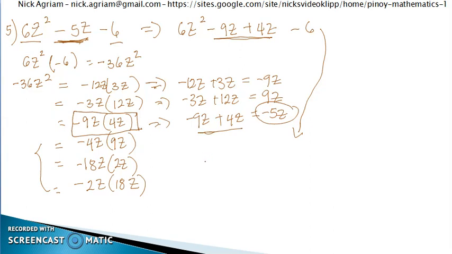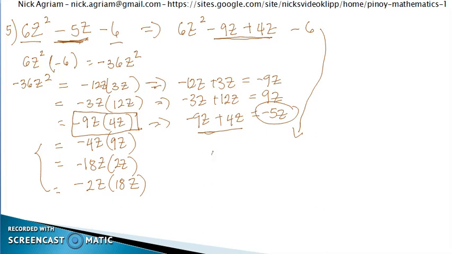Factoring by grouping is when you have 4 terms, like we have now, not 3 terms but 4 terms. Then you group the terms in twos, and then take out the common factor. I hope I made myself clear.